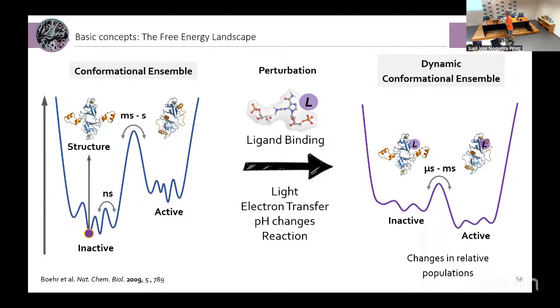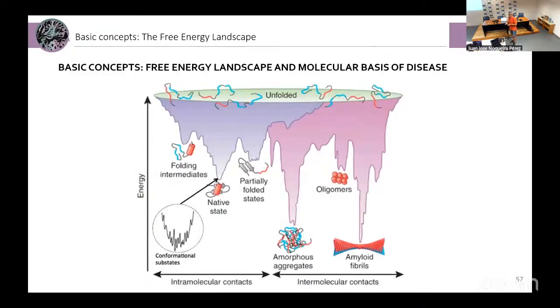Okay, and this is very important because this can also be applied to understand the molecular basis for some specific diseases. For example, this is an example.